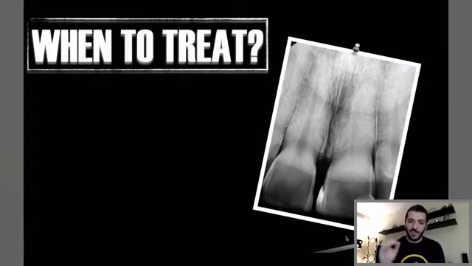The problem is just in the pulp chamber and in the middle and coronal part of the canal. And this is very easy to do with high magnification and with the tools for sure. And the most important thing is to differentiate between colors. So I agree with you, but probably this is my suggestion.